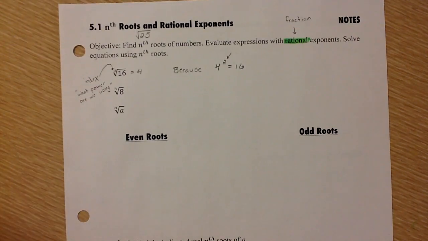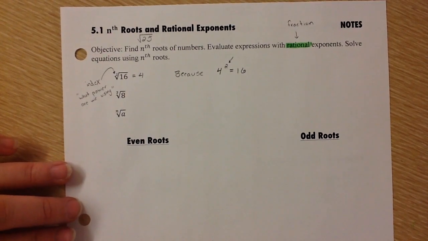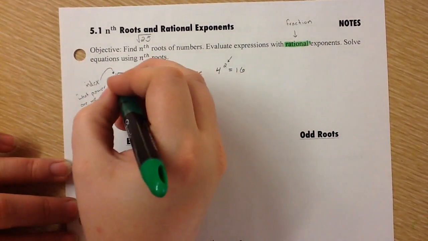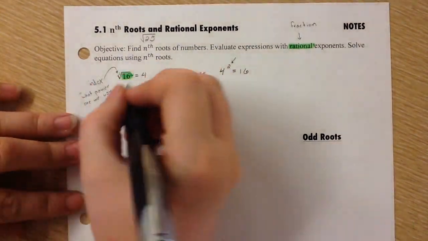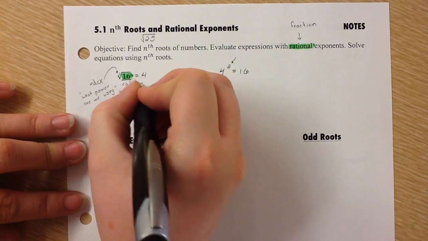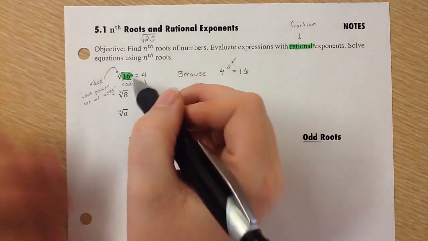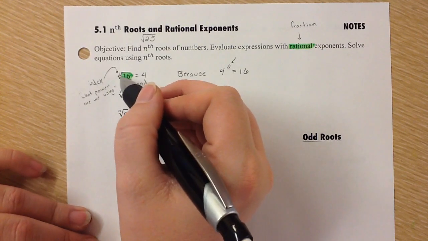And this 16 inside of here is what we call the radicand. It's asking, what do we want to equal when we go to that power?